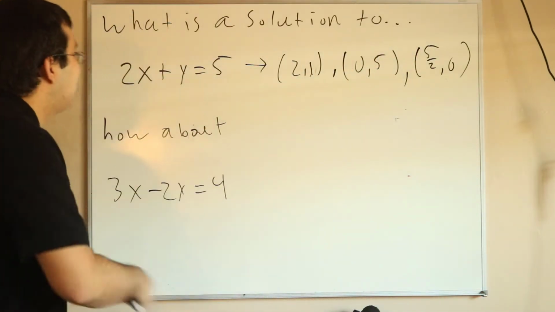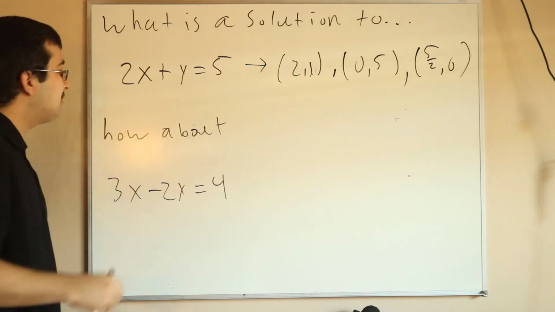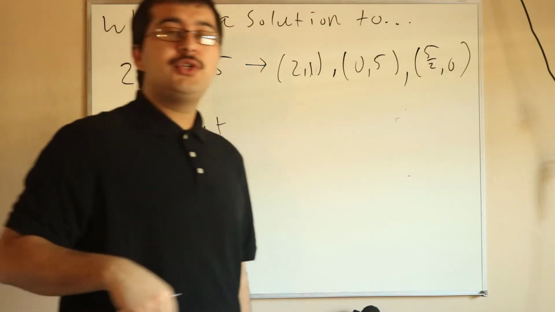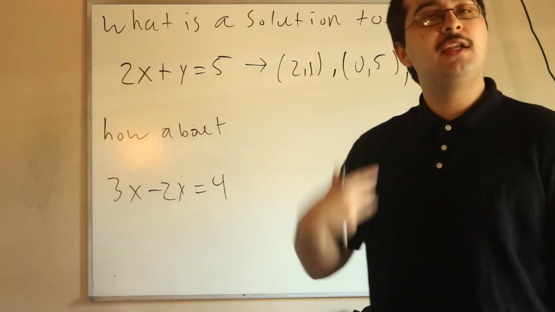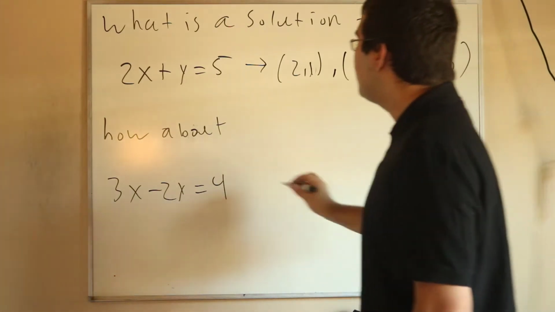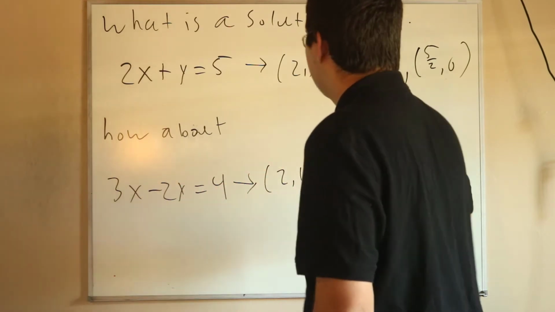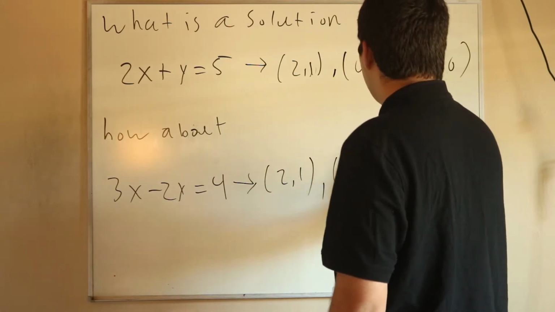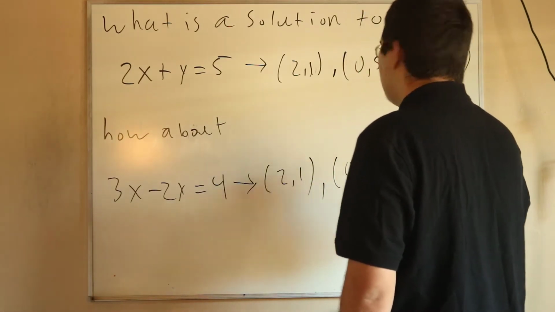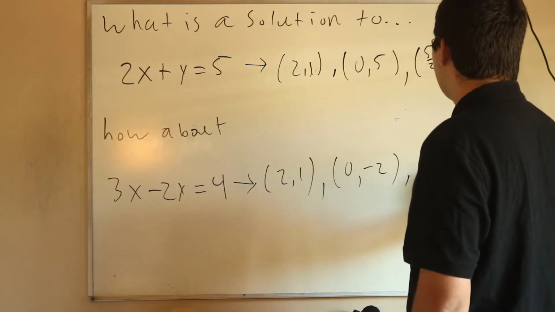Alright? Now, moving on from that equation, let's also talk about 3x minus 2y equals 4. What are solutions to this equation? Again, this is a line. It's going to have infinitely many solutions. Some of them are 2, 1. There's also 0, negative 2. And another one is 4 over 3, 0.